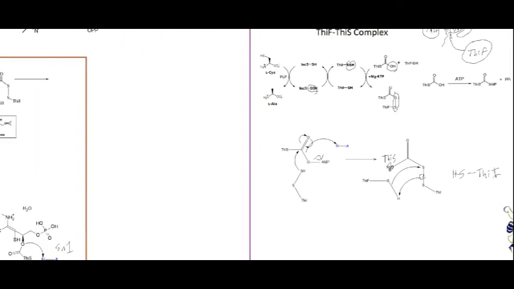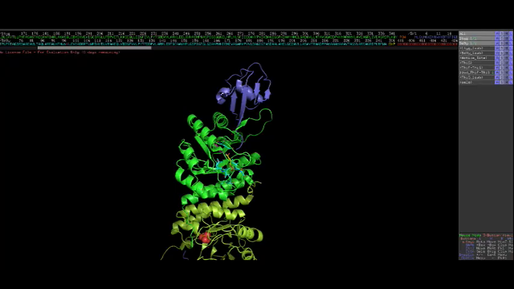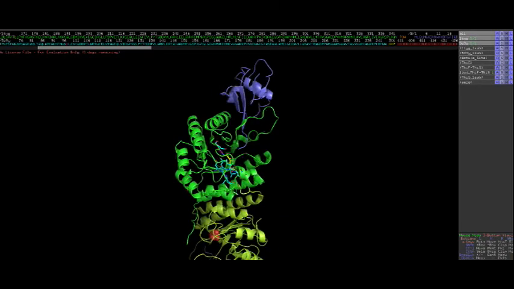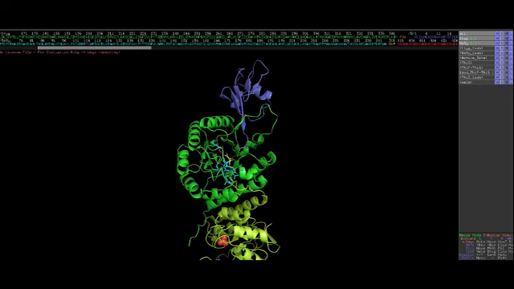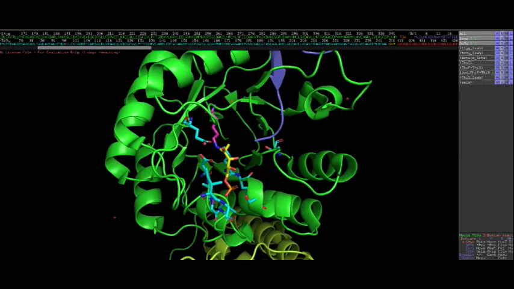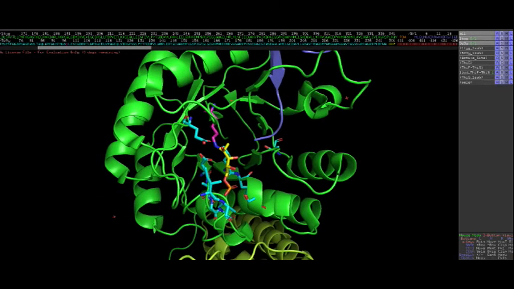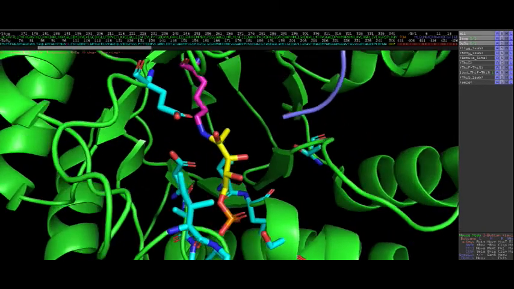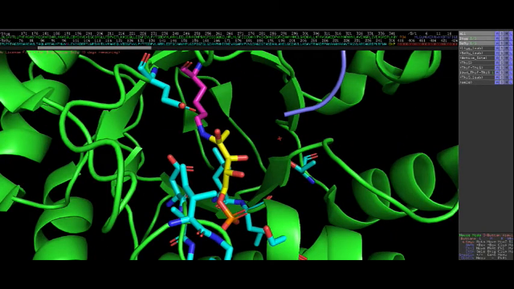If you remember in our mechanism, we have our THIS and our THIG coming together. We can see that here: this is our THIS up here, and in green down here is our THIG. And we can actually see the DXP bound to that lysine in the THIG.